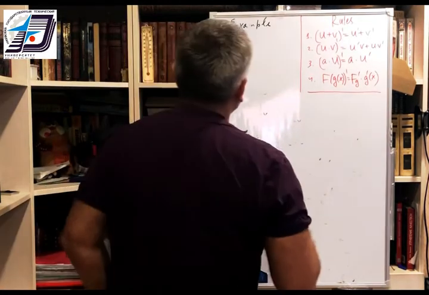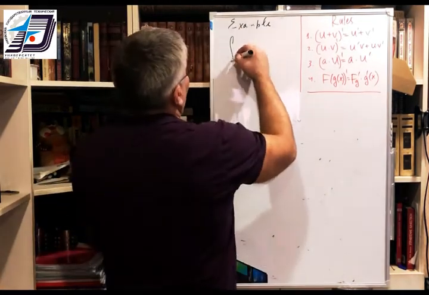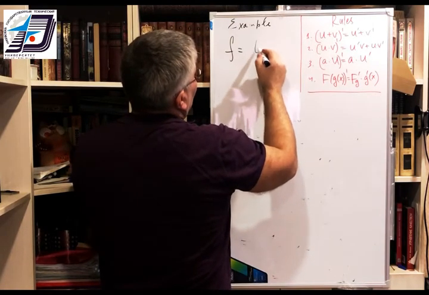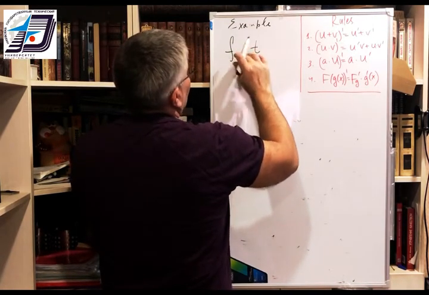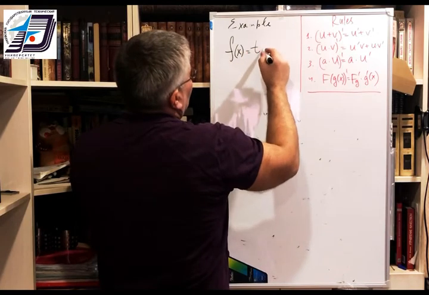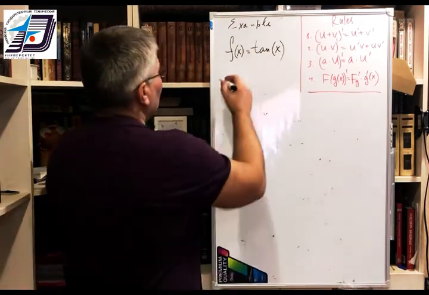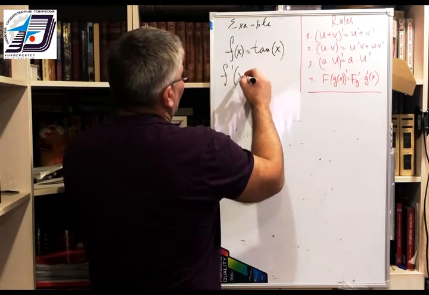I give you an example of this function: f of x equals a trigonometric function, f of x equals tan of x. And I want to calculate the derivative of this function, f prime of x.